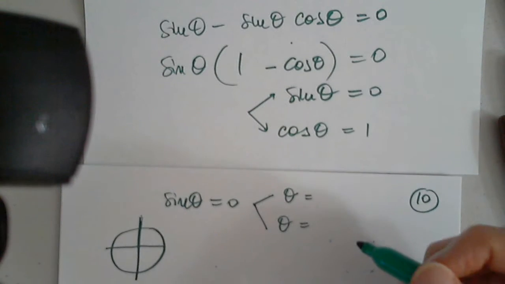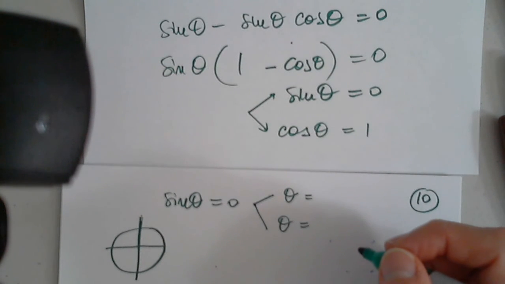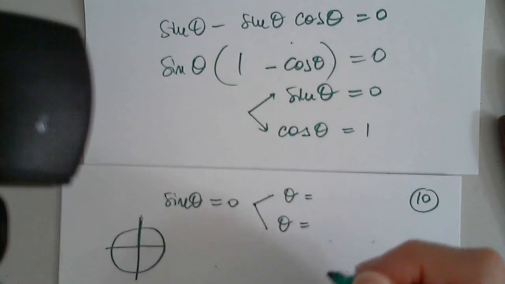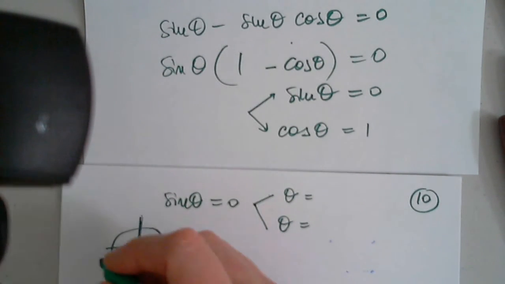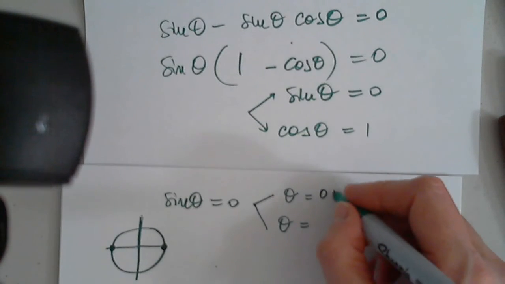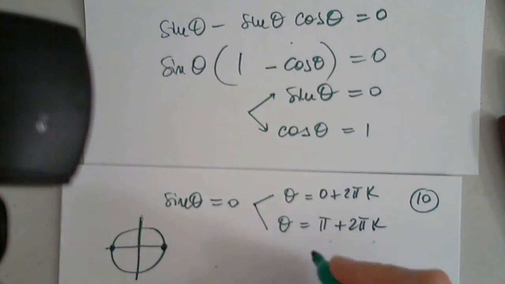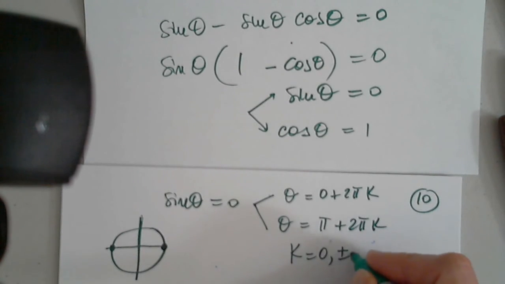So which angles will have sine 0? Okay, at 0 and pi. So 0 plus 2 pi k and pi plus 2 pi k, where k equals 0, plus or minus 1, plus or minus 2 and so on and so forth.